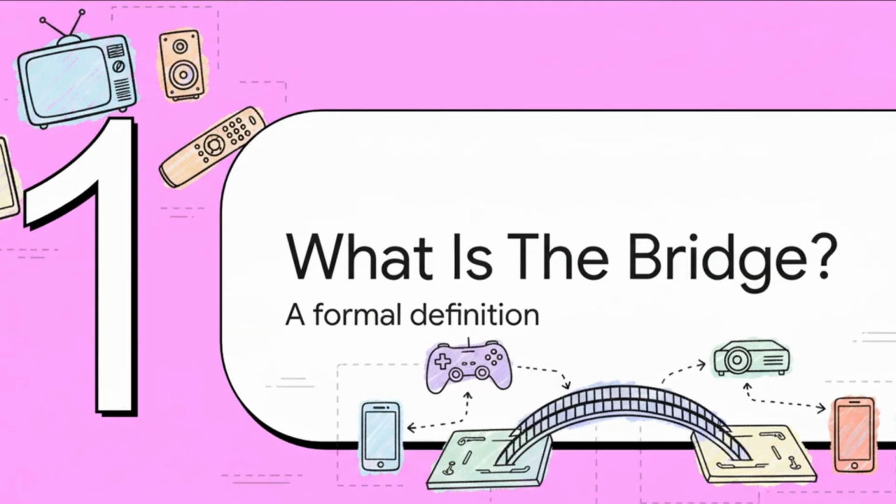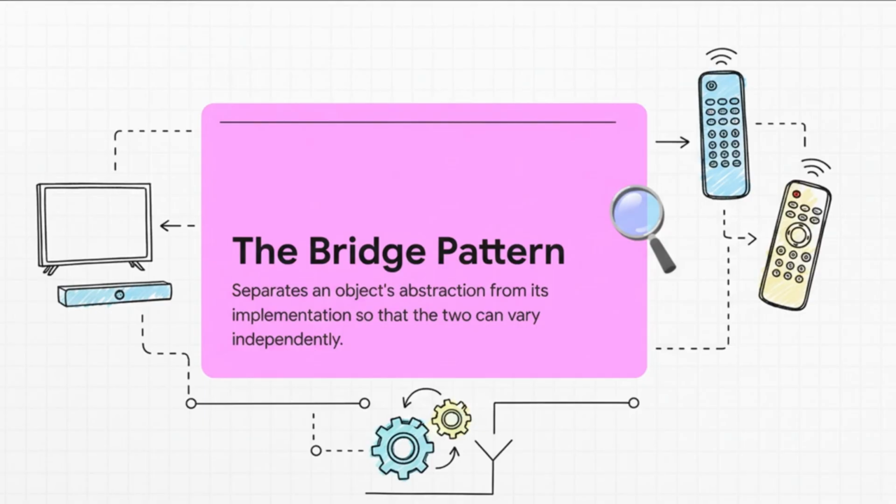All right, first things first. Before we can really appreciate what this pattern does for us, we need to get the core principle down. So let's start with the official definition. Okay, this is the heart of it right here. The bridge pattern is all about creating a clean separation between the what and the how.